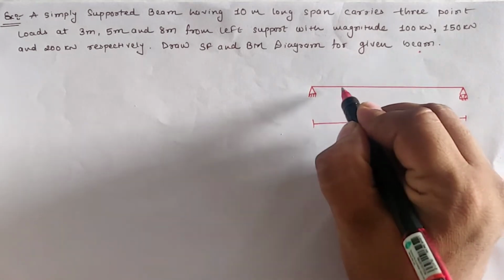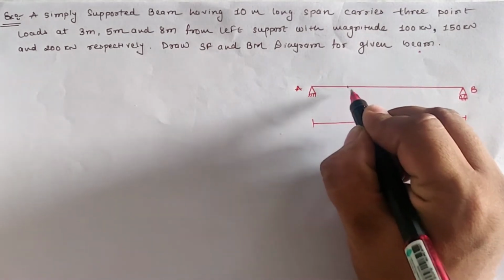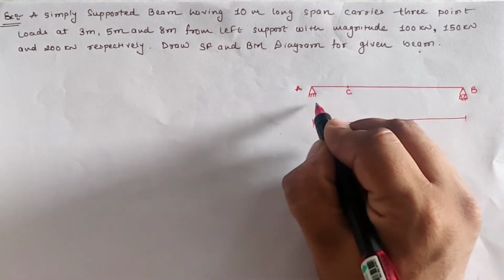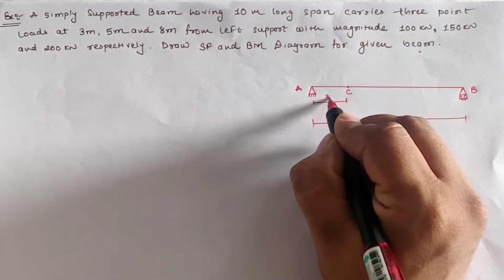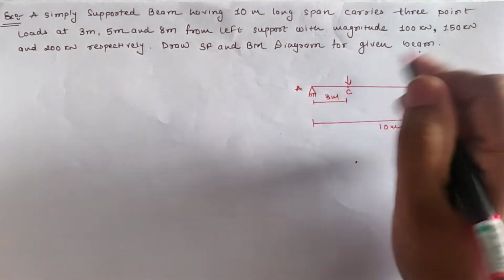So let us assume the points A and B as supports. Now location C is at a distance of 3 meter from support A and the intensity is 100 kilonewton.